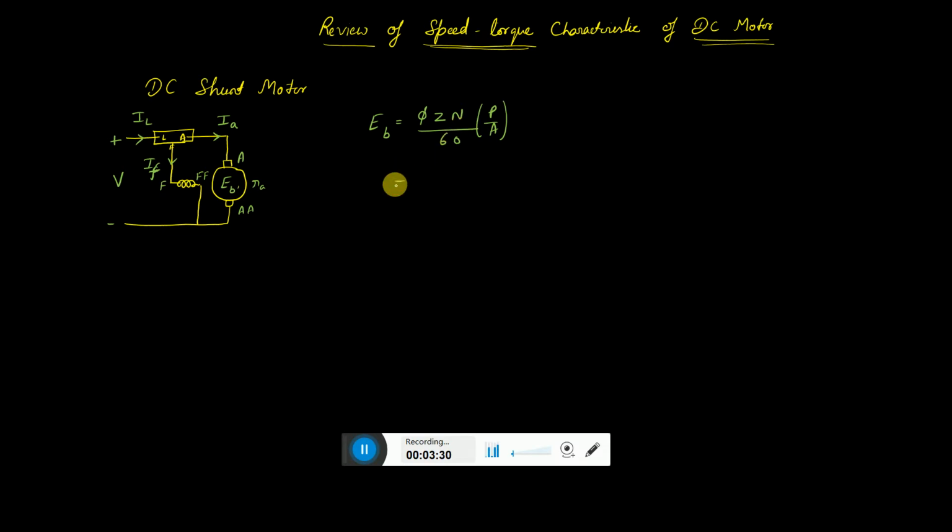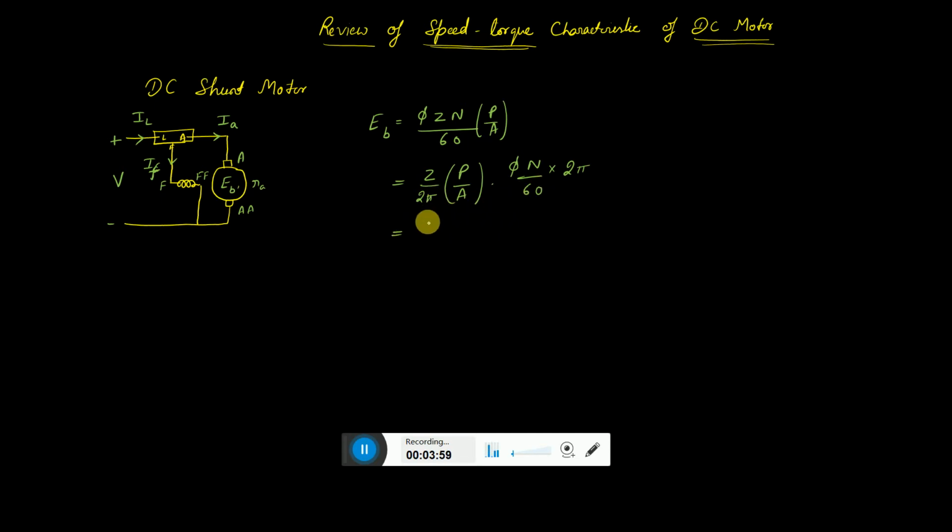So we can rewrite this entire expression as Z P by A, and on this side we can write phi N by 60. N is in revolutions per minute, so if I divide by 60, it is revolutions per second. If I multiply here by 2 pi and divide also by 2 pi, it will not make any difference.